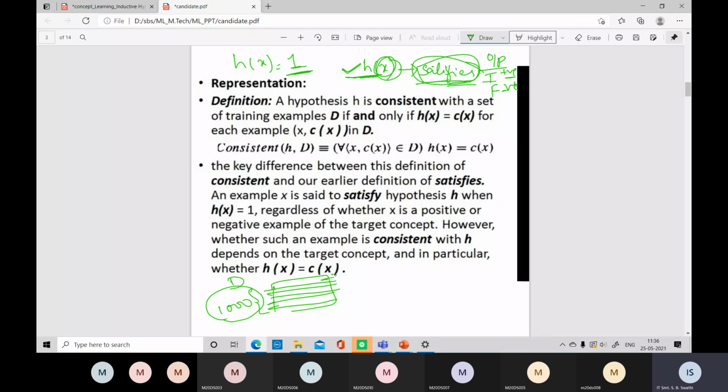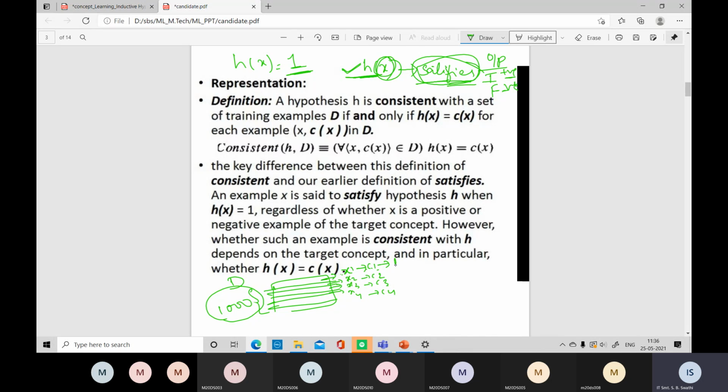And for each and every record, each and every instance, we represent it as x. The inputs are called x1, x2, x3, x4, and so on. And the output of each one is represented as c: c1 for x1, c2 for x2, c3 for x3. Based upon x1 only you get c1.